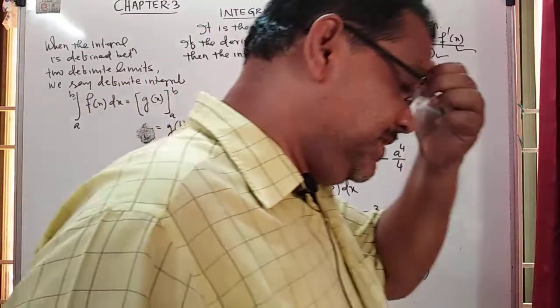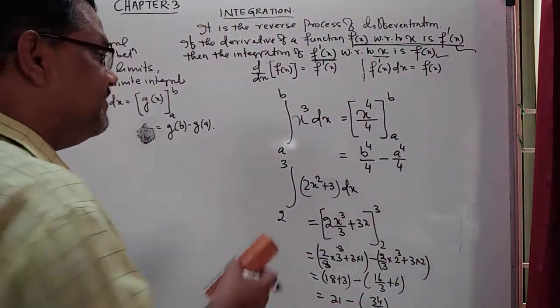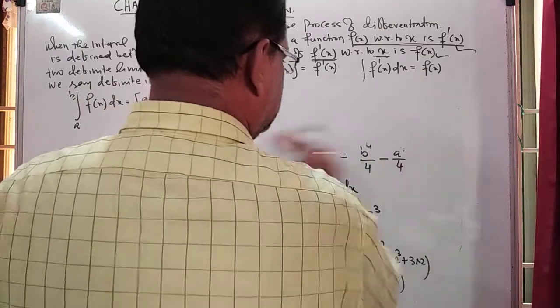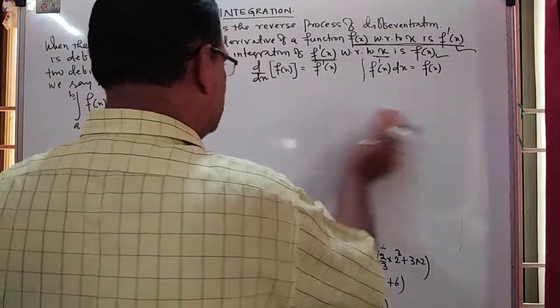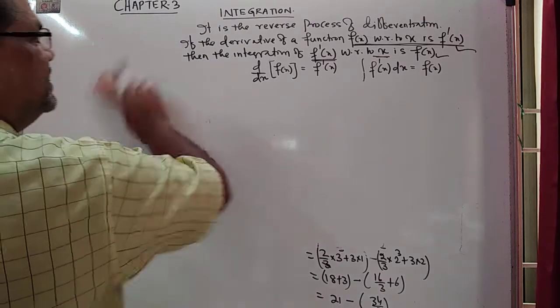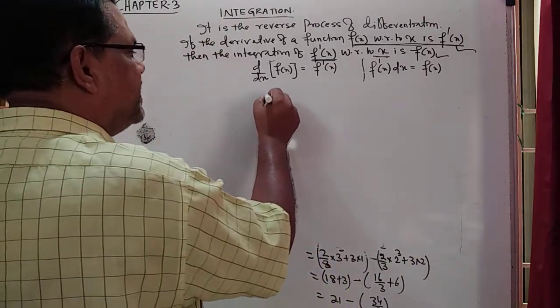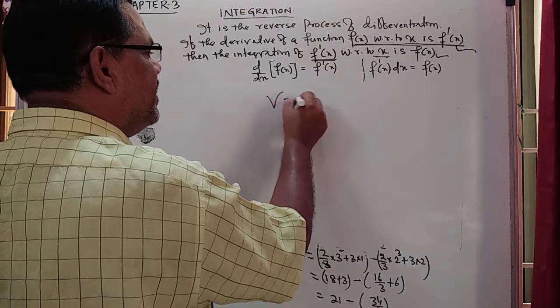So what is the role of the definite integration in physics particularly? Suppose you want to plot a velocity time graph, and the velocity of a particle is v equal to t square.